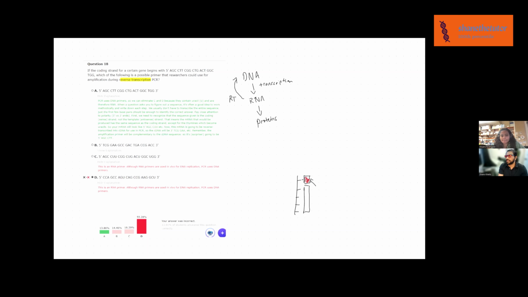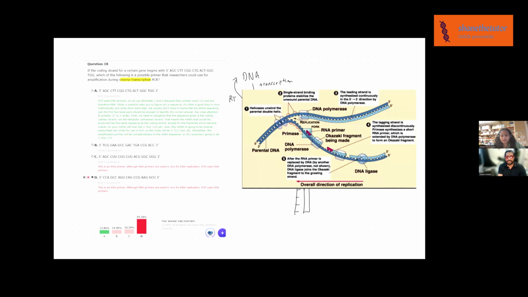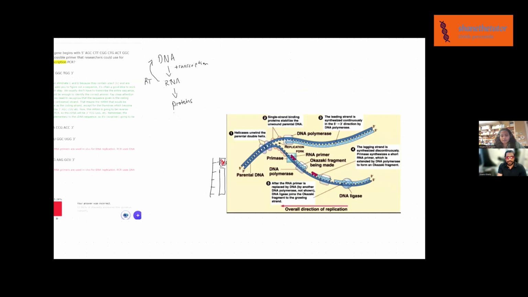So here I can find a picture of regular DNA replication.